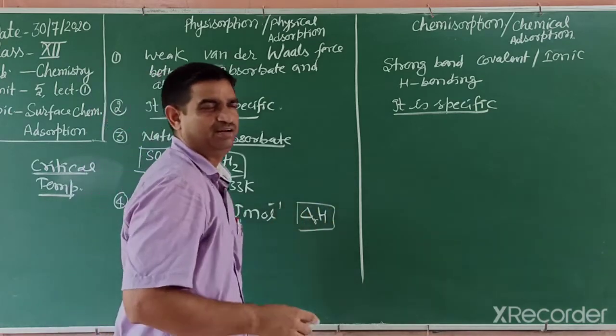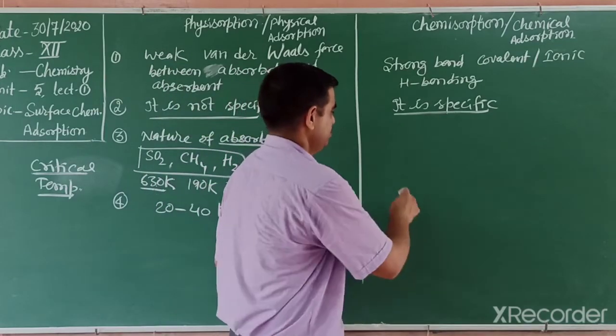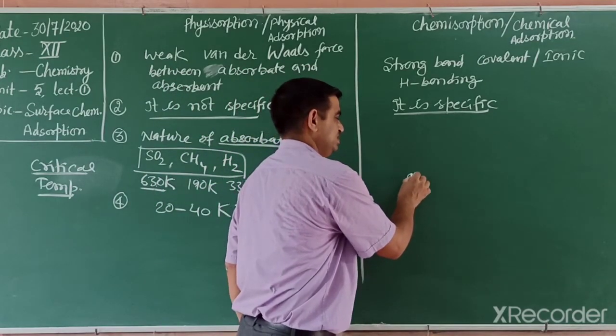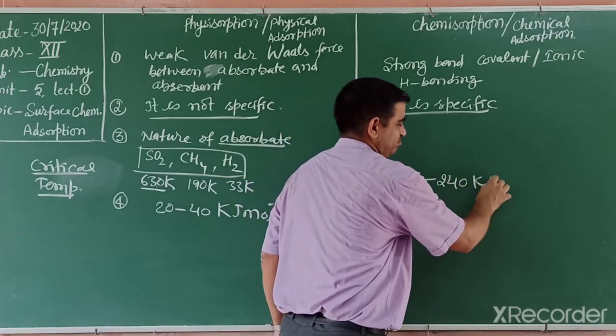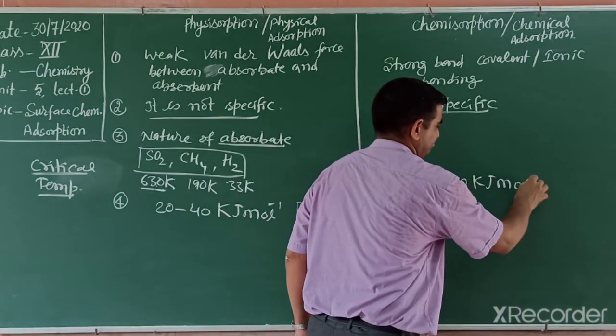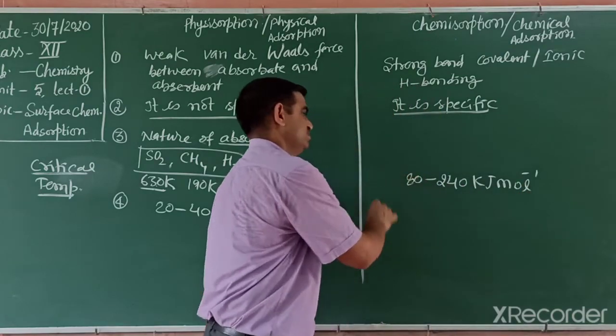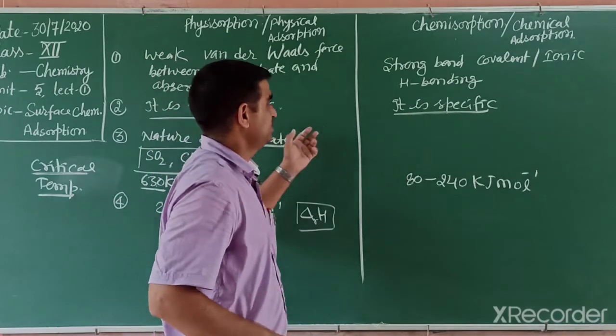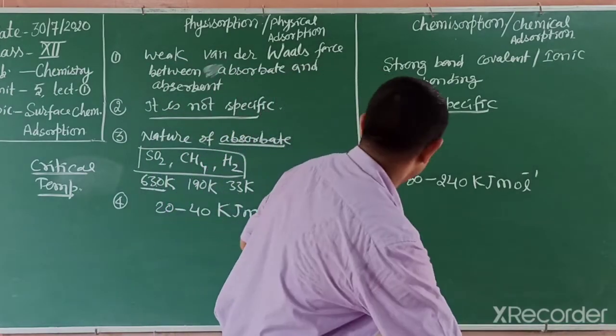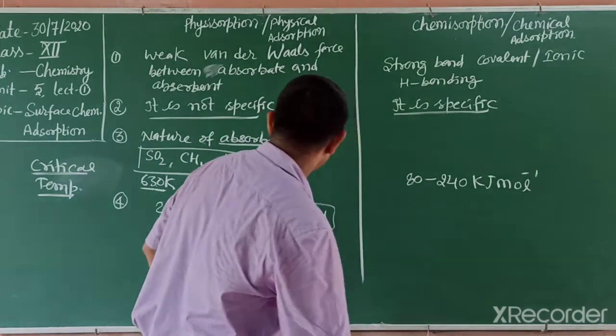But in chemical adsorption, more value. Why? Stronger bond. Their value is 80 to 240 kilojoule per mole.